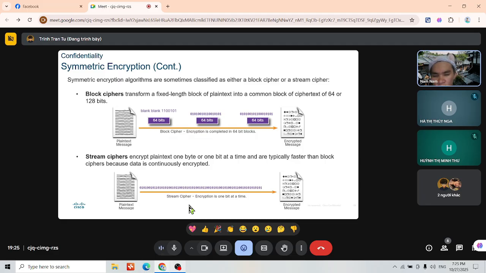About the stream cipher, it encrypts plaintext one byte or one bit at a time and is typically faster than a block cipher because data is continually encrypted.